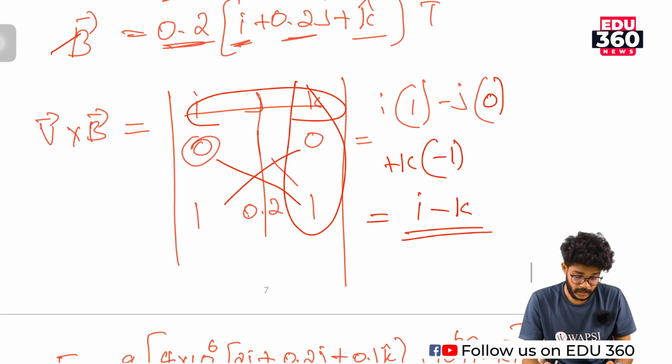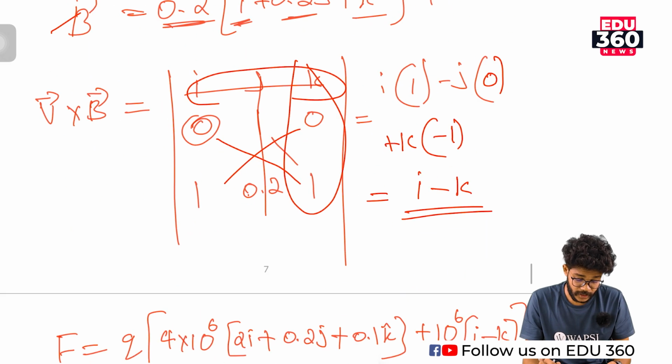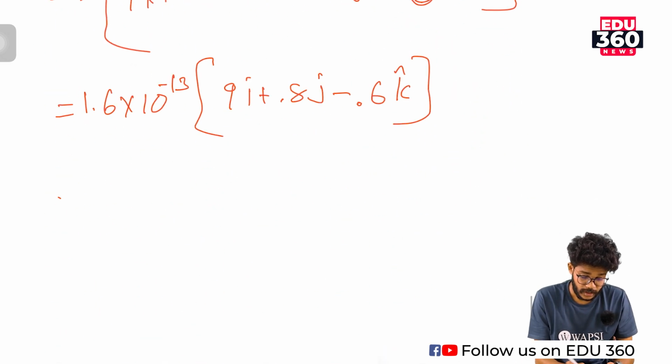Okay, so we can compare our answer with the options, where we have only the magnitude. So we want to take the magnitude. The magnitude of a vector is root of x square plus y square plus z square.